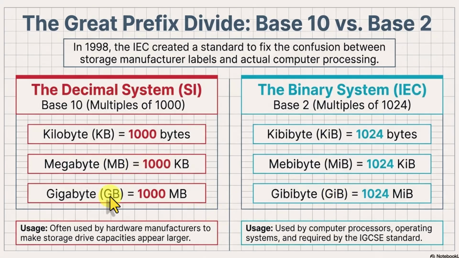Because this decimal system is used for making the capacities appear larger, while in reality the computer uses the binary system. So the binary system is used by computer processors, operating systems, and required by the IGCSE standard. So mostly you will use this one unless you are directly told to count in kilobytes, megabytes, or things like that.